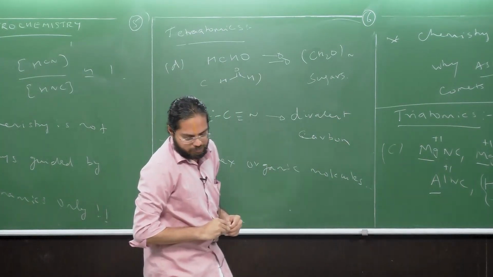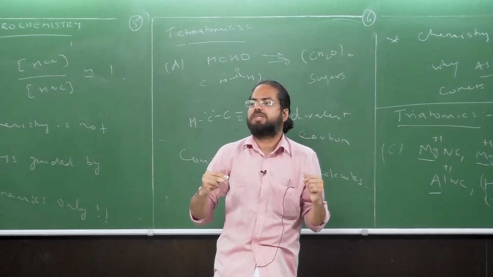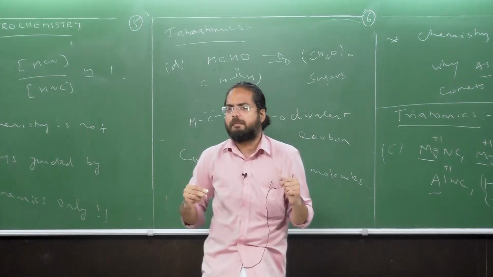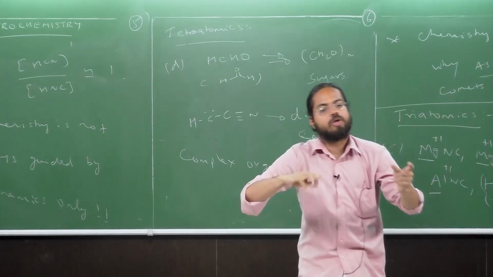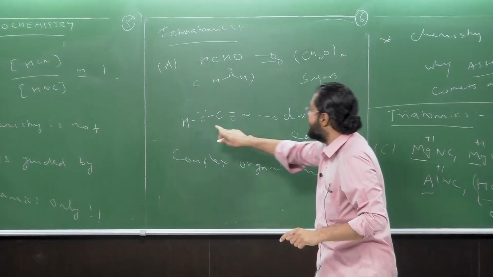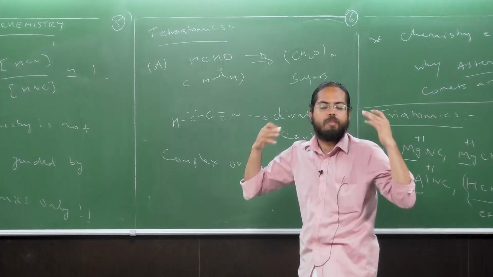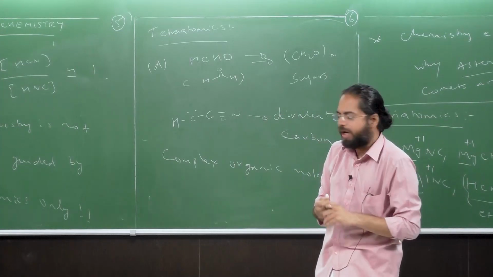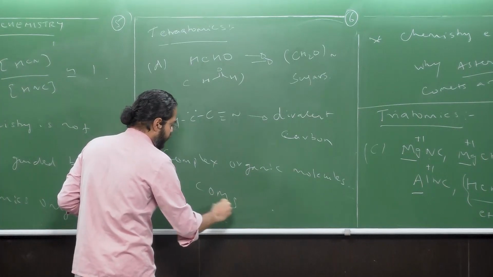Now, let's see, the complexity need not be only due to many atoms coming together to form a large molecule. The complexity can also be due to the fact that structurally, it goes against what you know about the chemistry on Earth. Okay, so that's why these are called COMs in short.